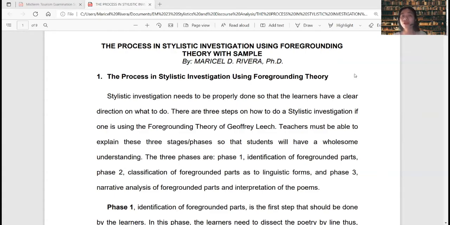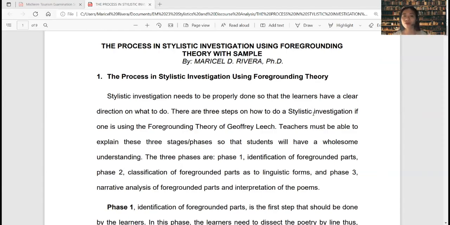We will start with micro poems, like the ones written by E. E. Cummings, or even the ones written by one of the mainstream poets now, like a millennial poet. We have Rupi Kaur, whose work is being considered as the sample for this material. As I told you, there are three phases.